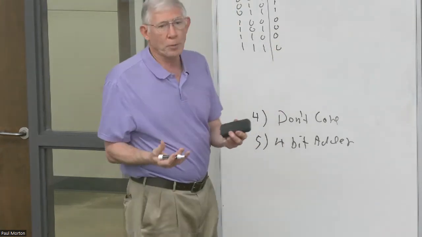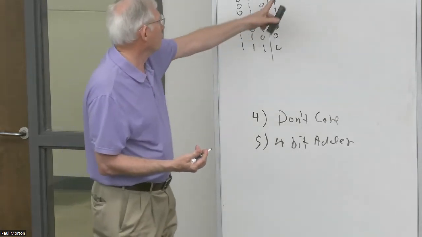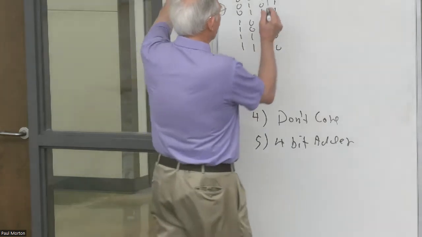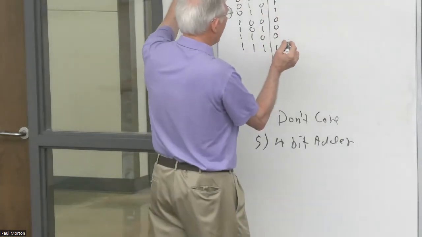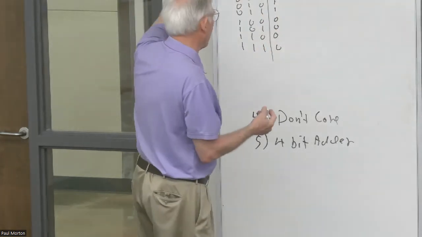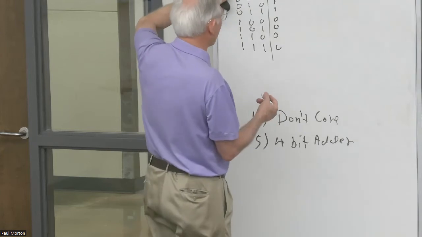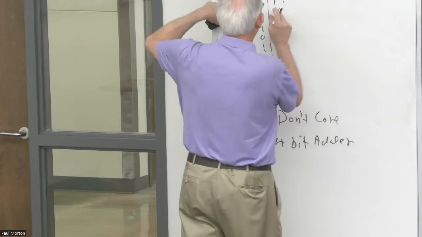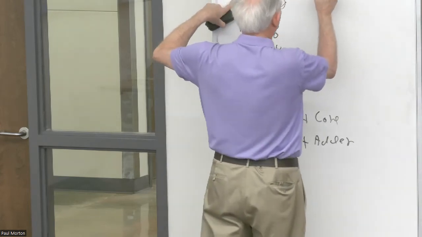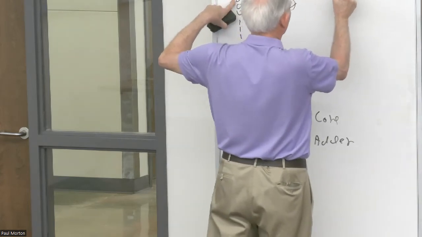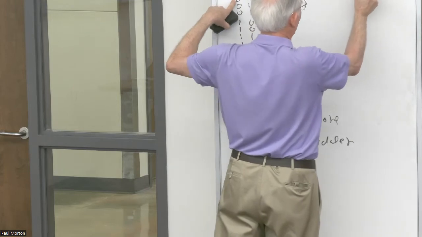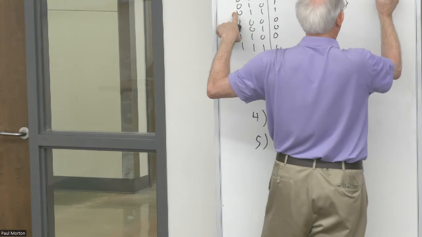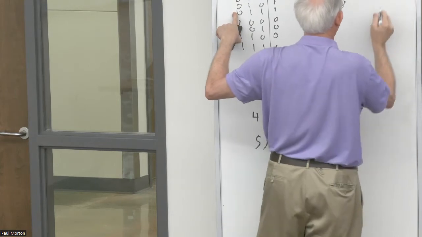So there are two expressions we can write. We can pretend that's a 1, or well, first we'll pretend it's a 0, and we'll write that expression, and then we'll pretend it's a 1, and we'll write that expression. So if we pretend it's a 0, we don't use that term. So where F equals 1, that'll be a prime b prime c plus a prime b c prime plus a prime b c.